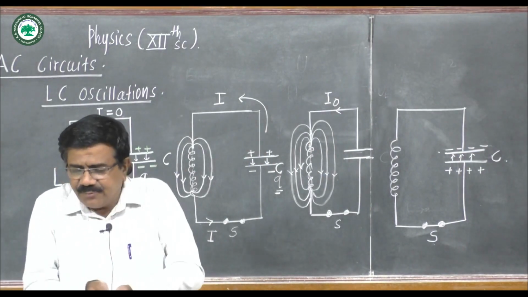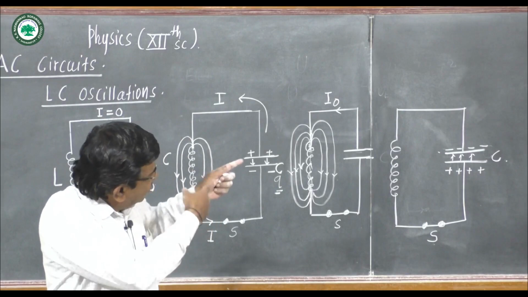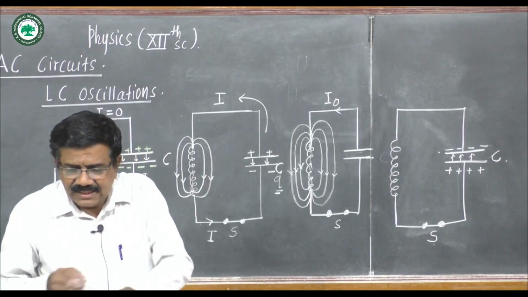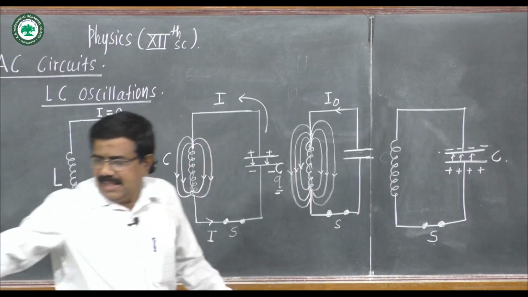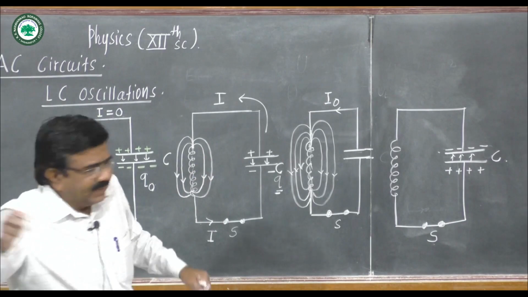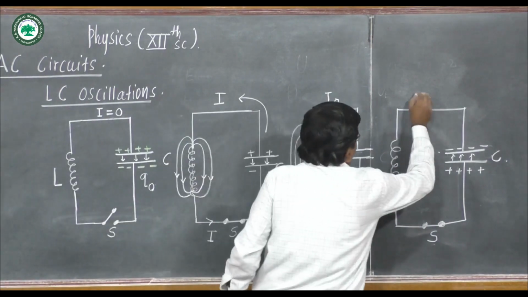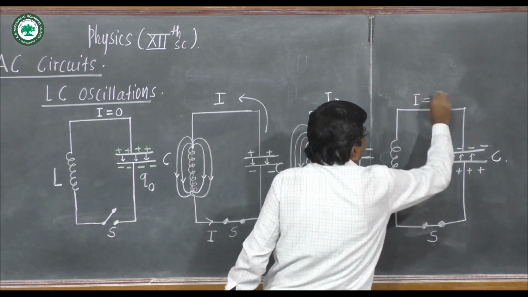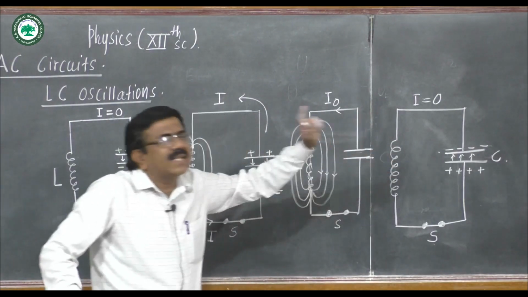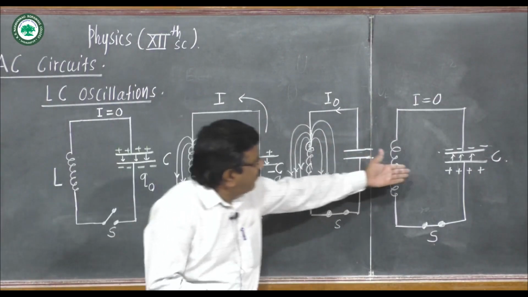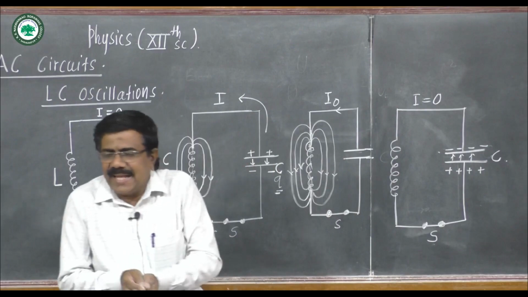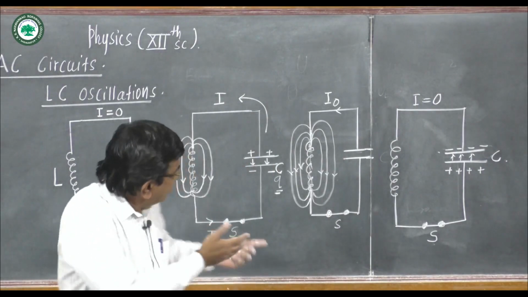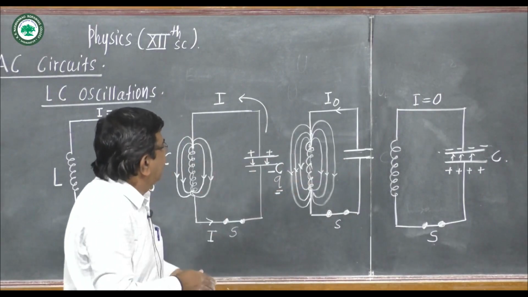When the capacitor is fully charged, the situation is like this. This is the capacitor, and again here the current is 0. Now the capacitor is fully charged, but in the opposite direction. It means this process continues.